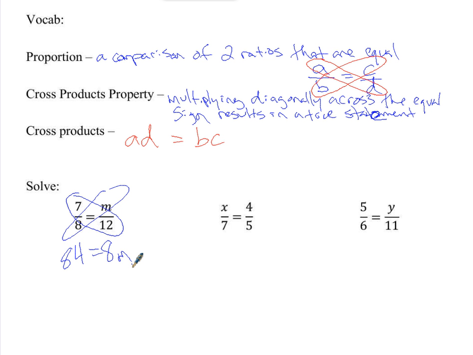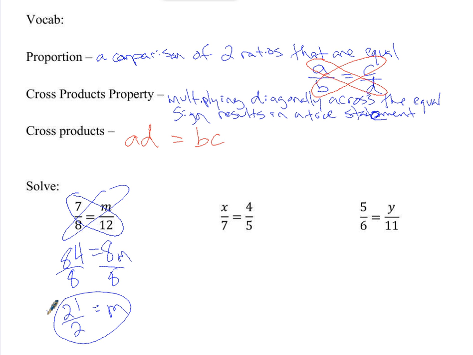So what do we do? Divide both sides by 8. On the right hand side we get m. 84 divided by 8 looks like it reduces. Yeah, there's a factor of 4 in both of those. 21 over 2 is the answer. 21 halves is the answer.